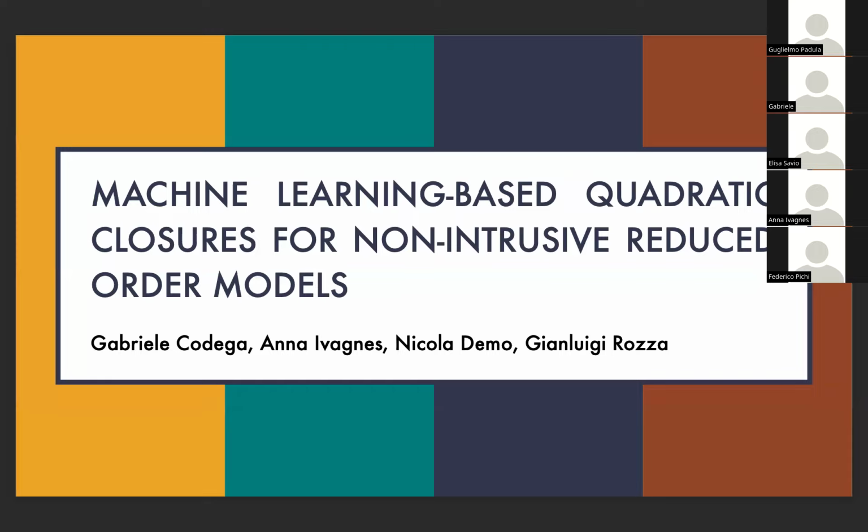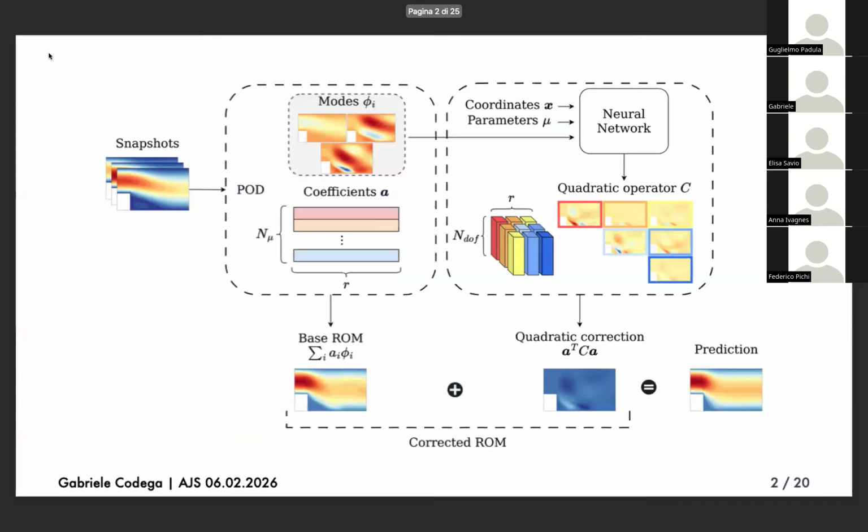And I want to start by showing you this picture. This is supposed to be a diagram that summarizes the methodology, right? And when I made this, I was very proud of myself because in my head it was very clear.